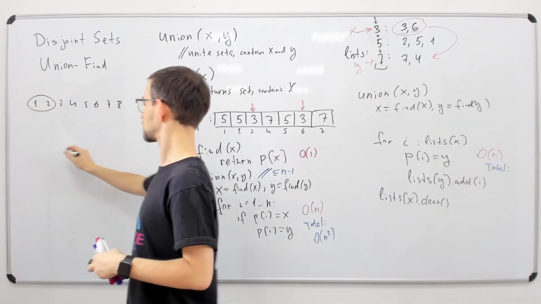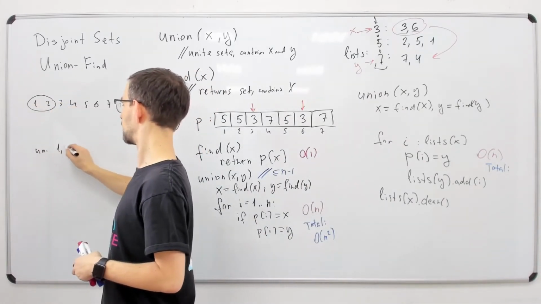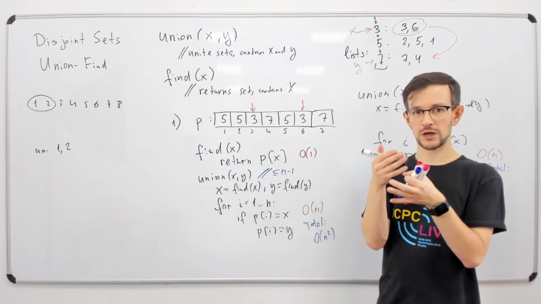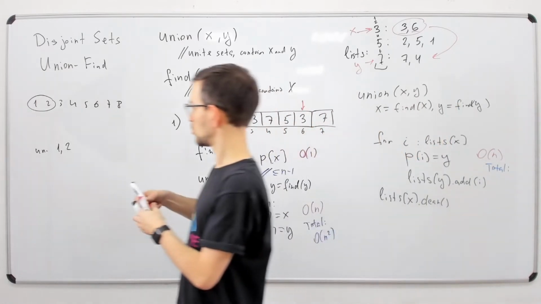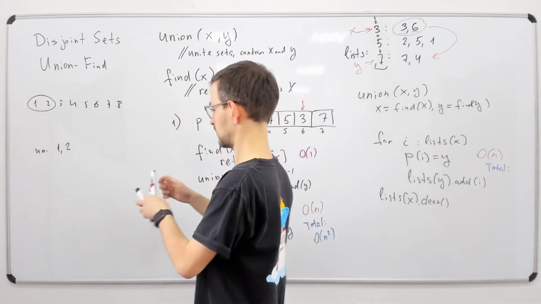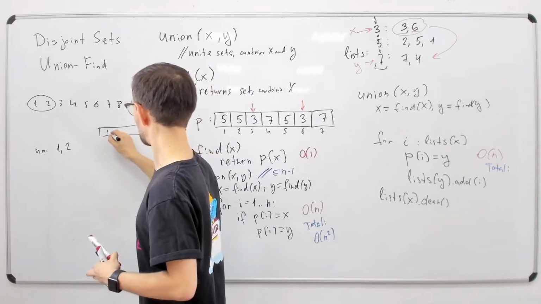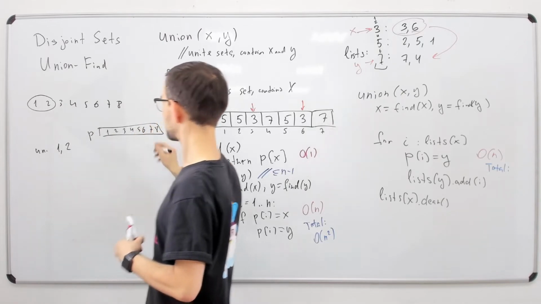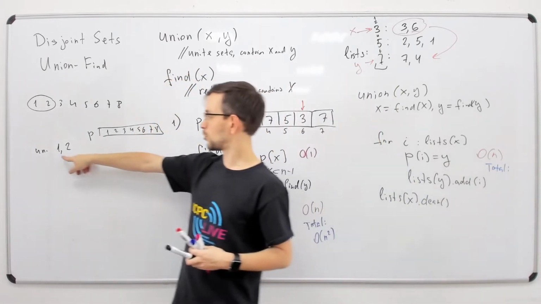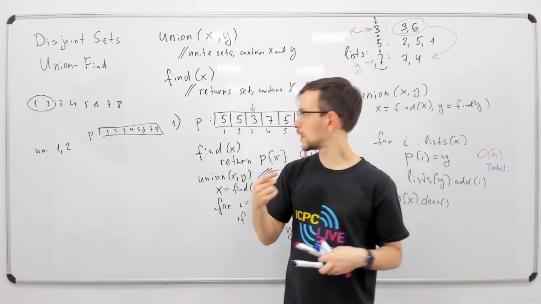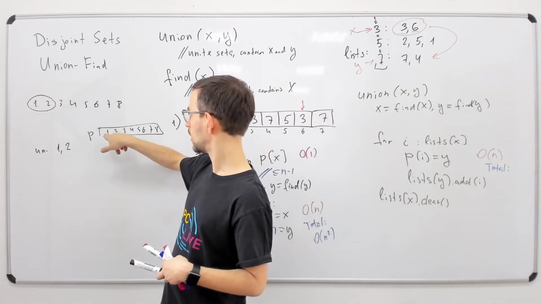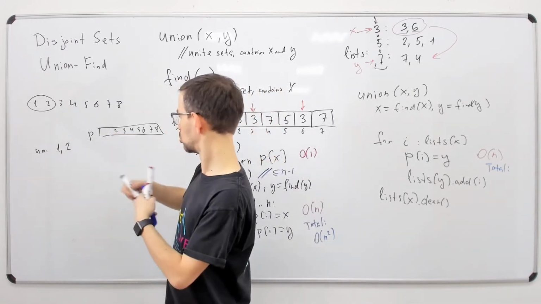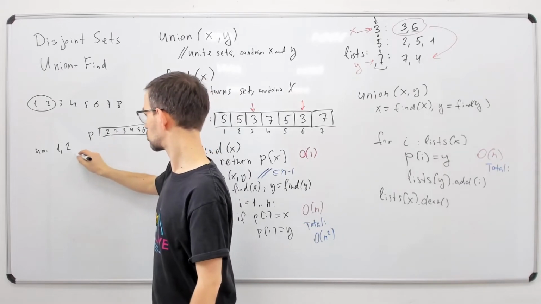So you call union from 1 and 2, and you spend one operation. So array P looks like this. You need to change the representative from 1 to 2, so you change this 1 to 2, and it costs you 1 operation.